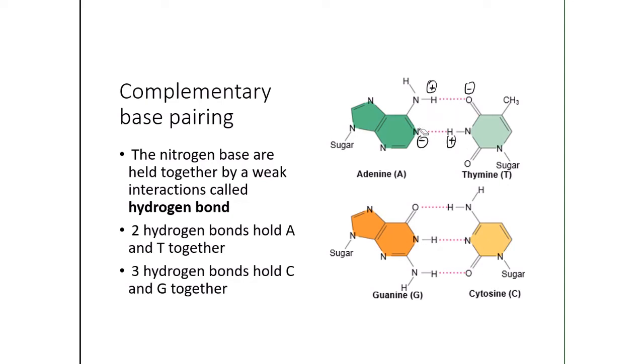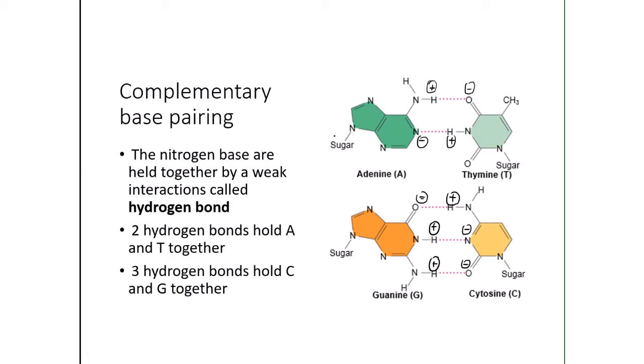So there are two hydrogen bonds between A and T. Do try to remember that because it's going to be important for our discussion later in another lecture. Whereas between guanine and cytosine, there are going to be three hydrogen bonds holding them together.